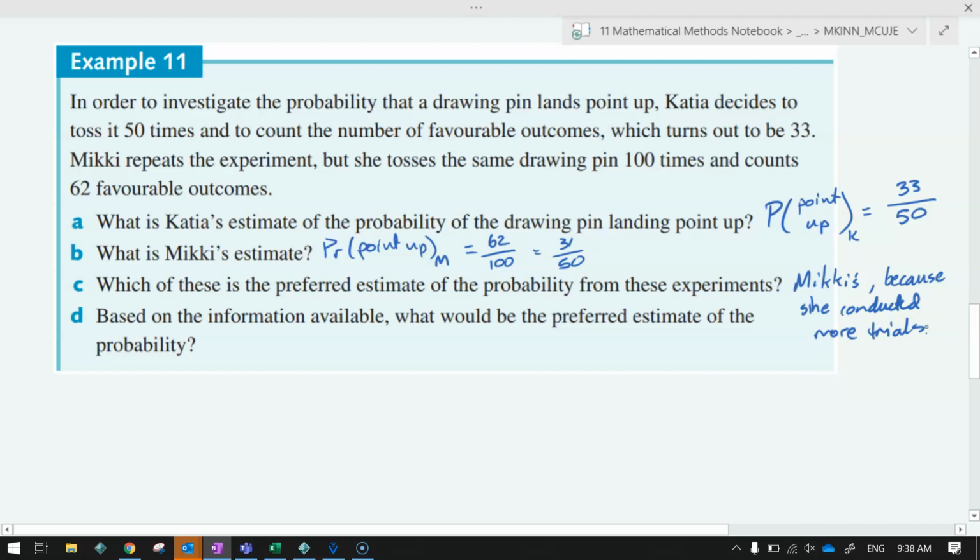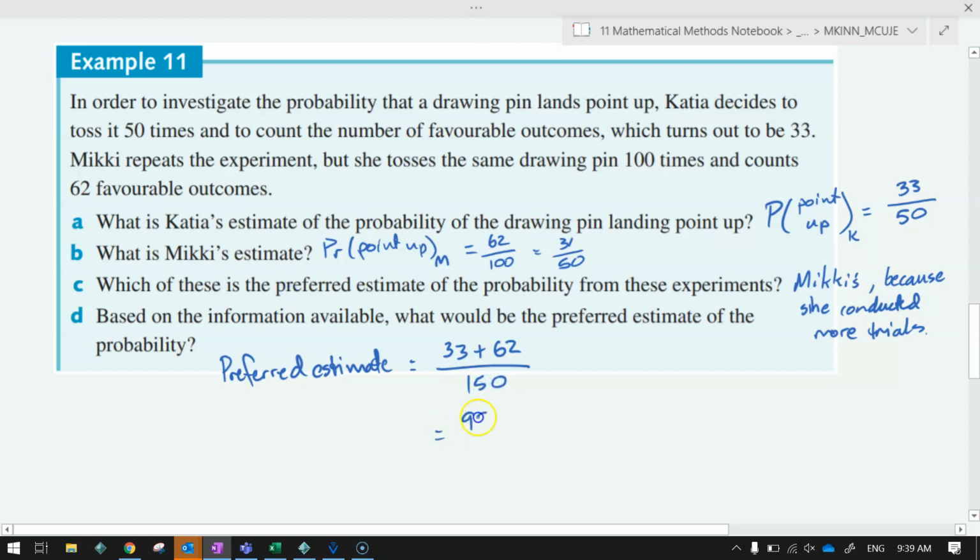Part D, based on the information available, what would be the preferred estimate of the probability? What could we do to get an even better estimate than using just Katya's or just Mickey's? Yeah, add them. So the preferred estimate is going to be 33 plus 62 out of 150.